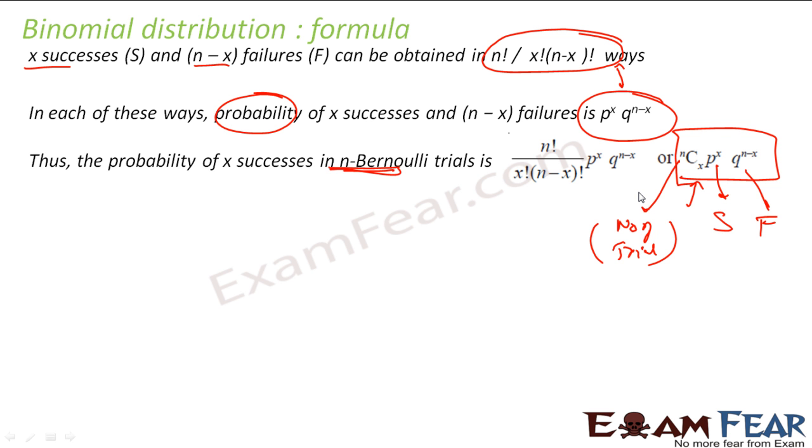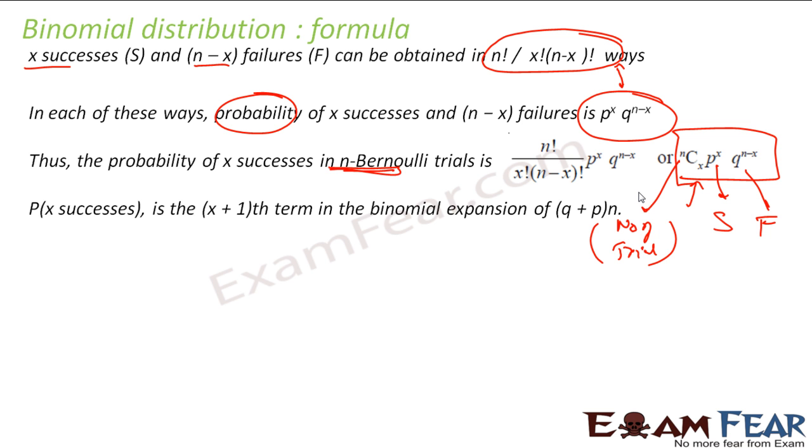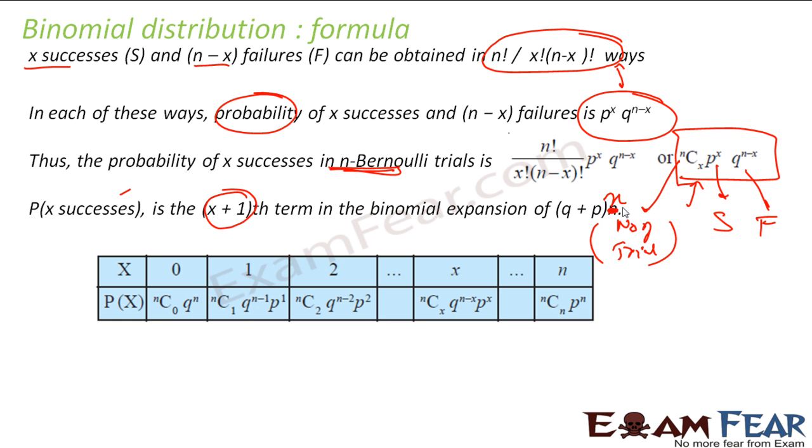This is the formula we have, and we have observed that P(x), the probability of x successes, is nothing but the x plus 1th term of this expansion. This is to the power n, right? So if you see, x plus 1th term, so probability of 0 successes is nothing but the 0 plus 1, 1st term.